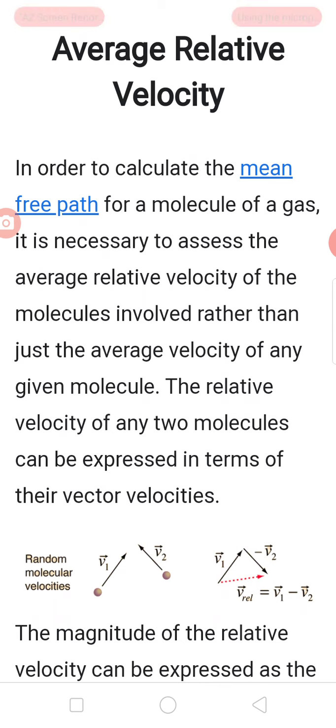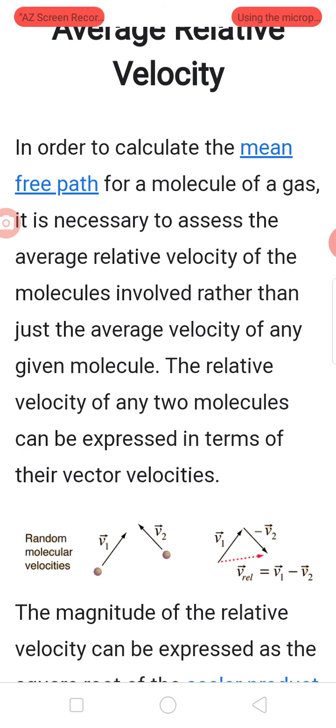The velocity of one molecule is V1 and of another molecule is V2. In a random molecular collision, when these two molecules collide with velocities in opposite directions, V1 and V2, the second velocity becomes inverted with negative sign, so the relative velocity would be equal to velocity 1 minus velocity 2.